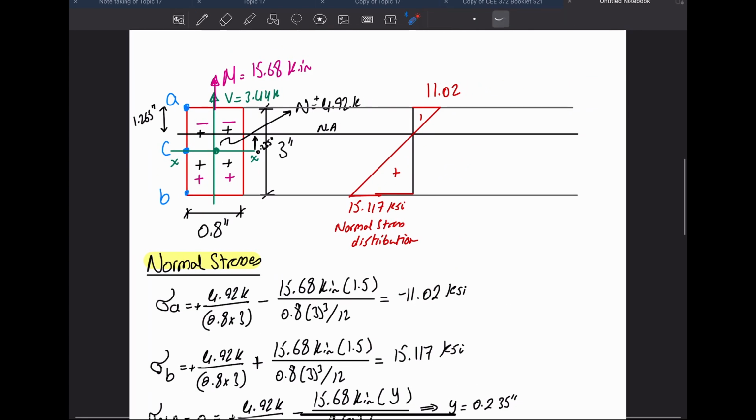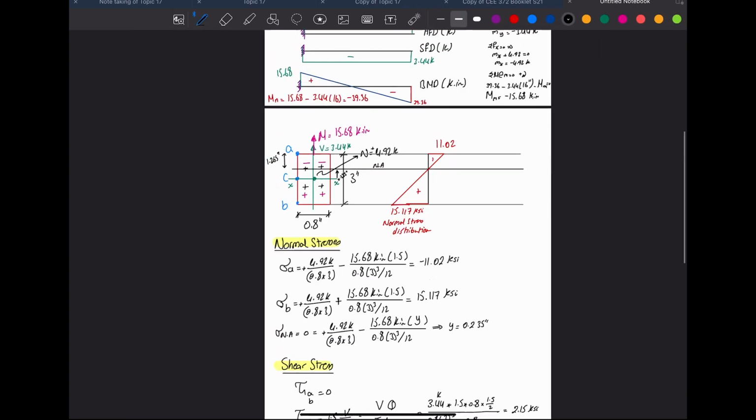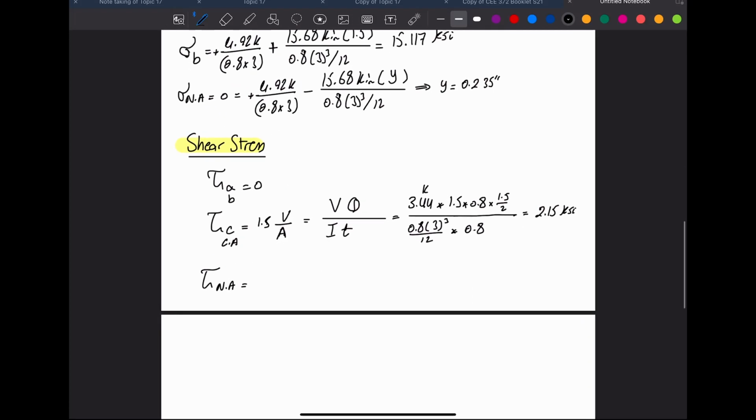Okay, I want to find the shear stress at this line, so I'm going to cut in here and say 1.265 times this distance times the distance from the centroid, which is 1.265 over 2 plus 0.235. Let me write that down. Now it's not 1.5 V over area, it is just VQ over IT, because 1.5 V over area is only valid at the centroid.